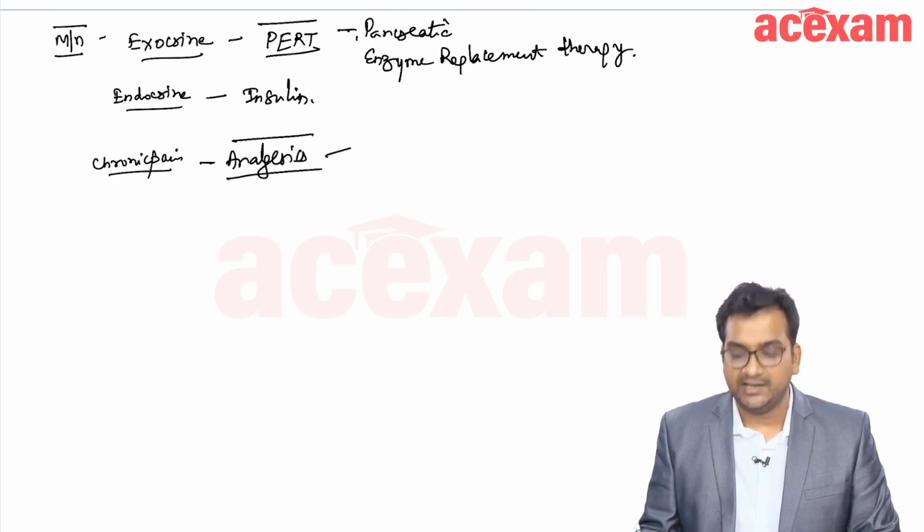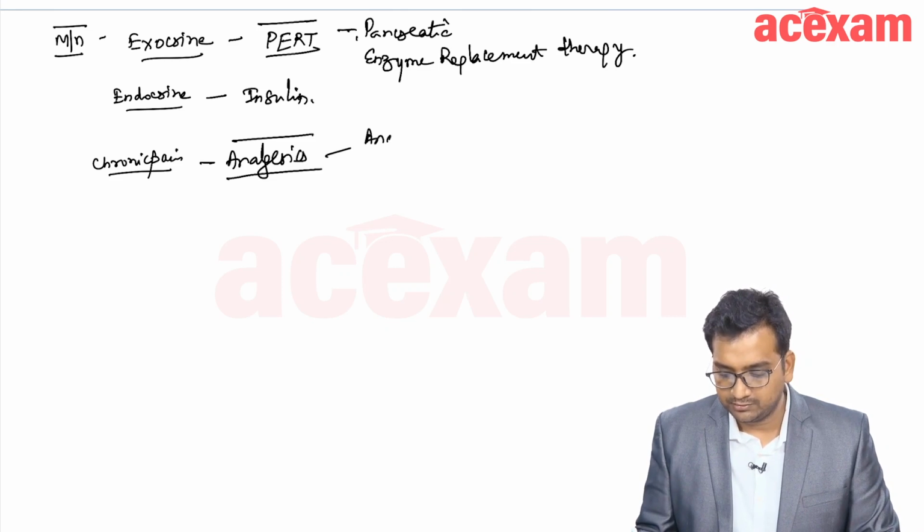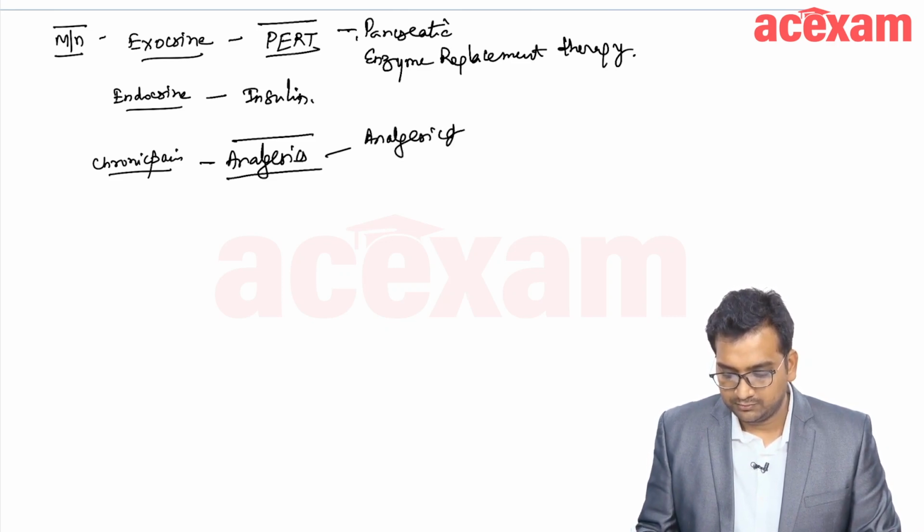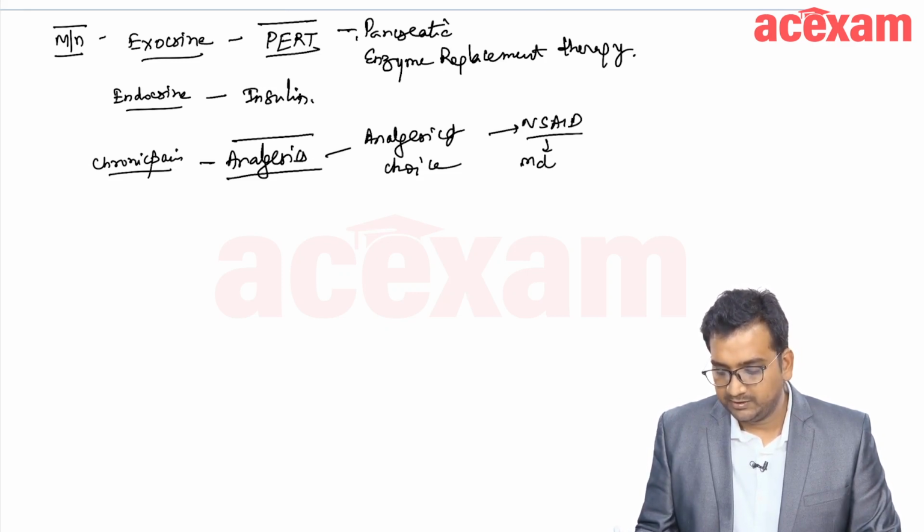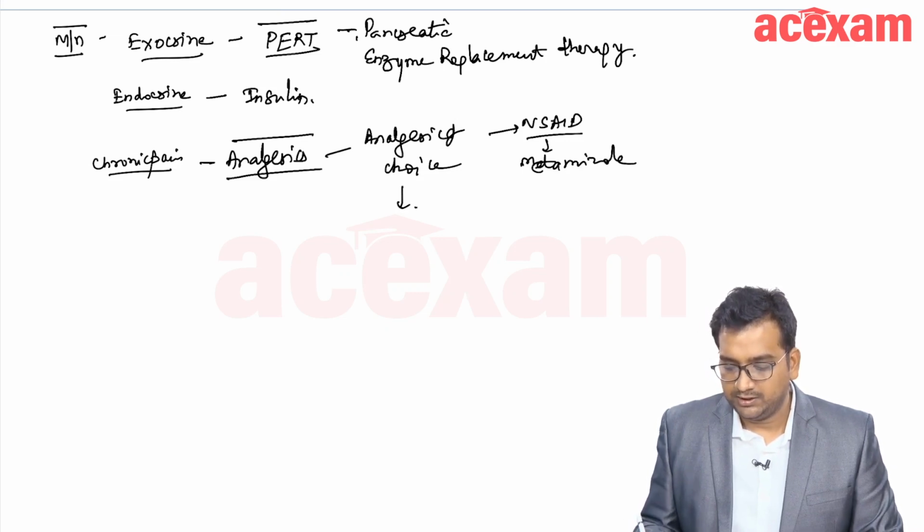and for chronic pain we'll initially start analgesics. For analgesics, among NSAIDs, the analgesic of choice is metamizole. The same we are giving for acute pancreatitis, and among opioids, it is buprenorphine.